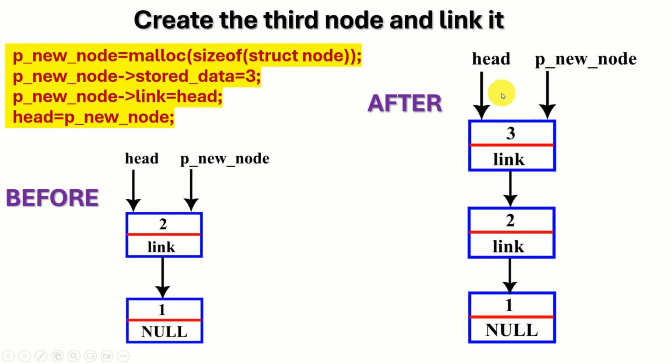And this is very important to keep in mind. Head always needs to point to the top of the linked list, that is, to the first node in the linked list. And now our linked list looks beautiful. We have the third node, the second node, and the first node. Perfect. Let's implement this step in C.